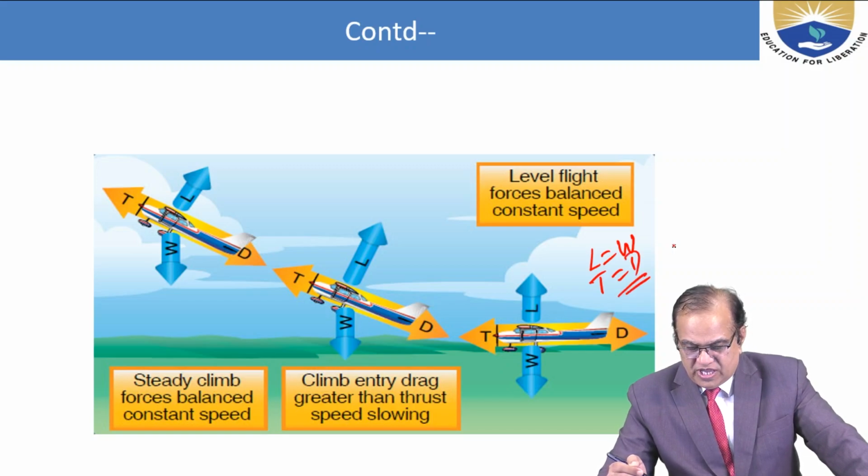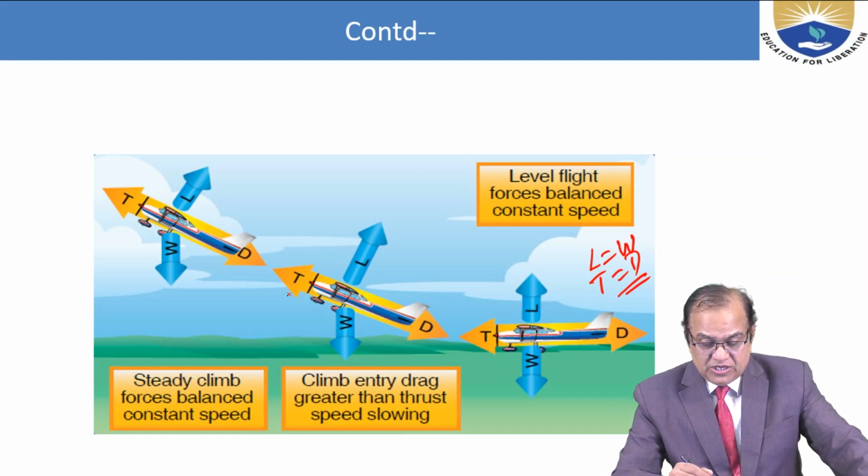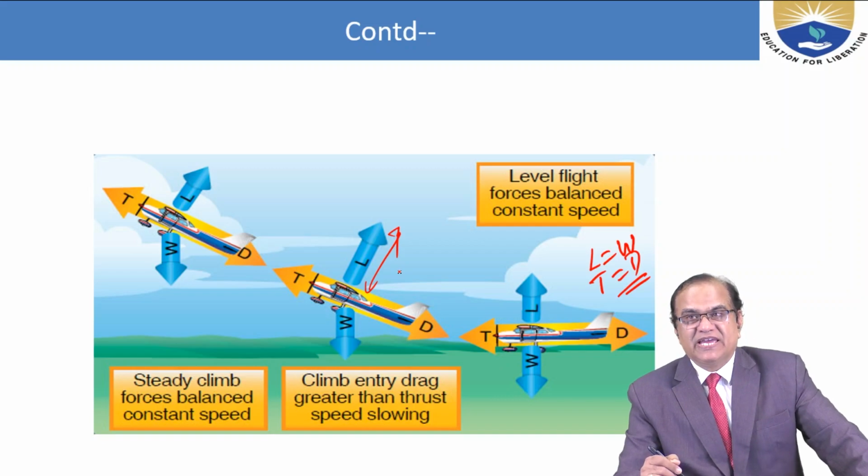Now if you see during the climb entry, drag is high, drag is greater than the thrust, so thrust will be falling down, so you have to increase the thrust. Steady climb, forces balanced, constant speed. In this we have to increase the lift by increasing the speed of the aircraft.